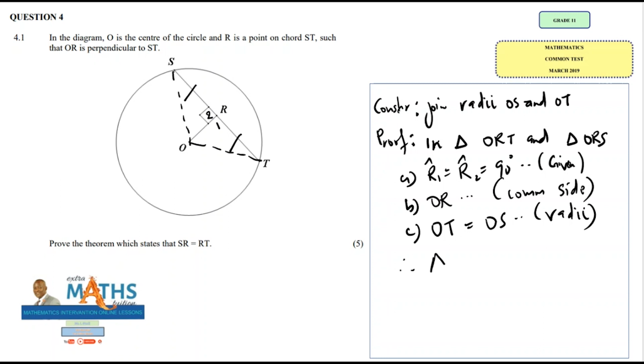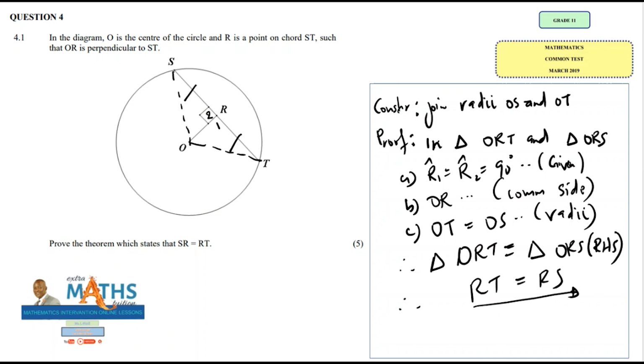Therefore, if you can remember from grade 10, when you prove that we have three things which are equal, then those triangles are congruent. Triangle ORT is congruent to triangle ORS. We proved it by right angle hypotenuse side. Then we can say now RT is equal to RS.